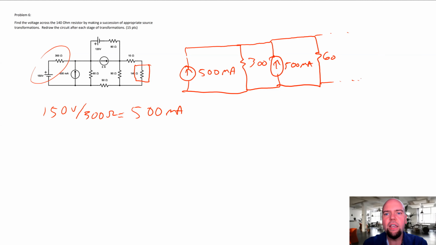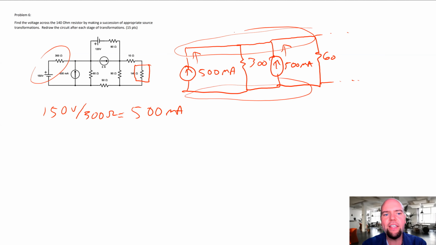So basically, all four of these things are in parallel: the 60, the 300, the 500, the 500. We have 500 milliamps flowing up, and another 500 milliamps flowing up. That's the same as 1 amp flowing up. So we have a total of 1 amp flowing from this node to this node.